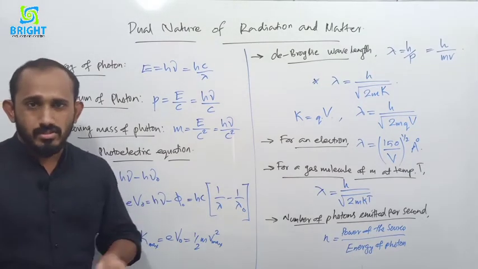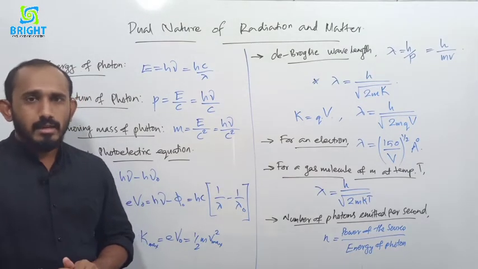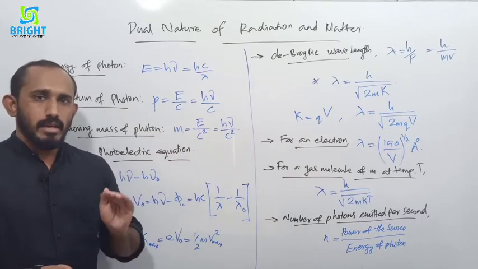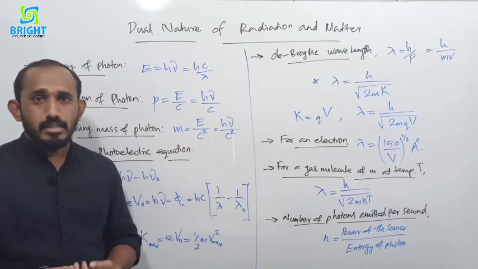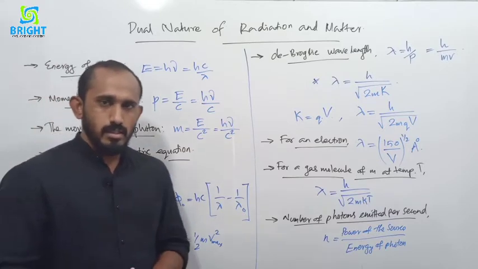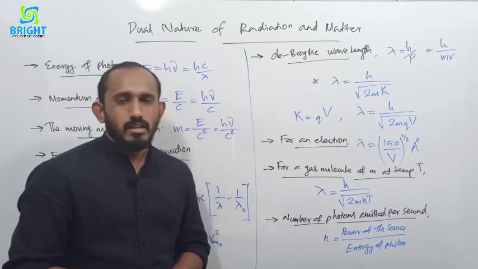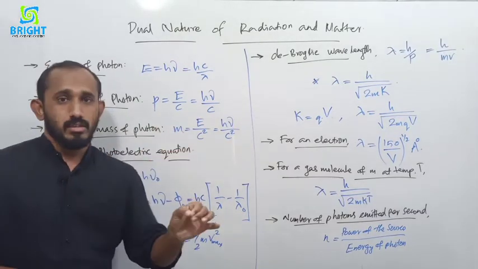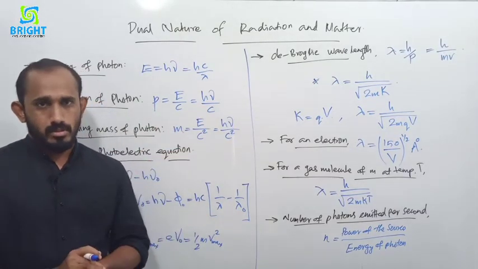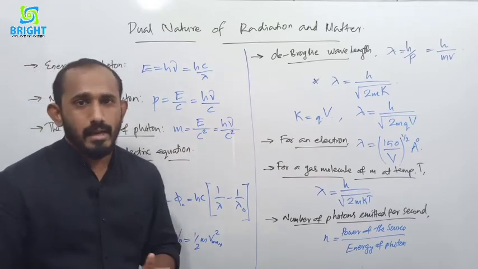If the incident frequency is nu, and the minimum frequency required for the photoelectric effect to take place, that is, to eject an electron from the metal surface, that's called the threshold frequency, nu 0. And h into nu 0 will be the energy required to eject it. That energy is known as the work function.